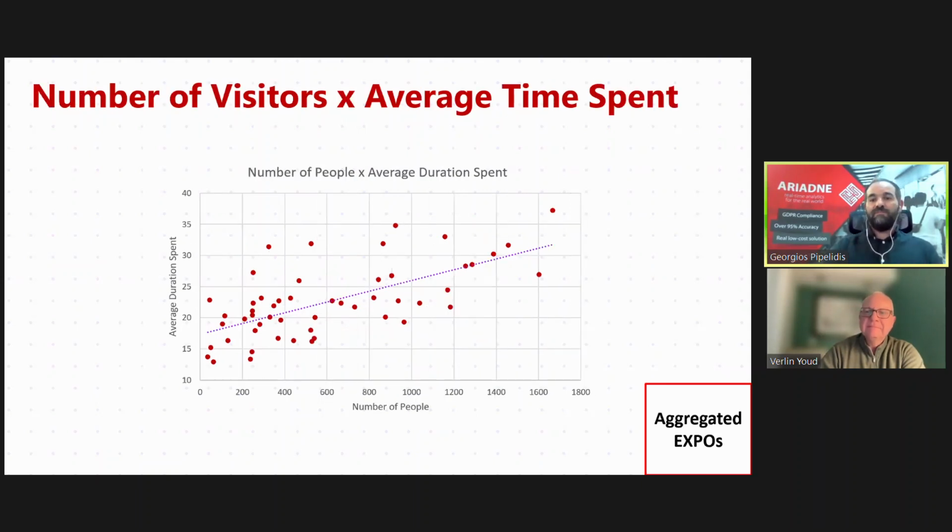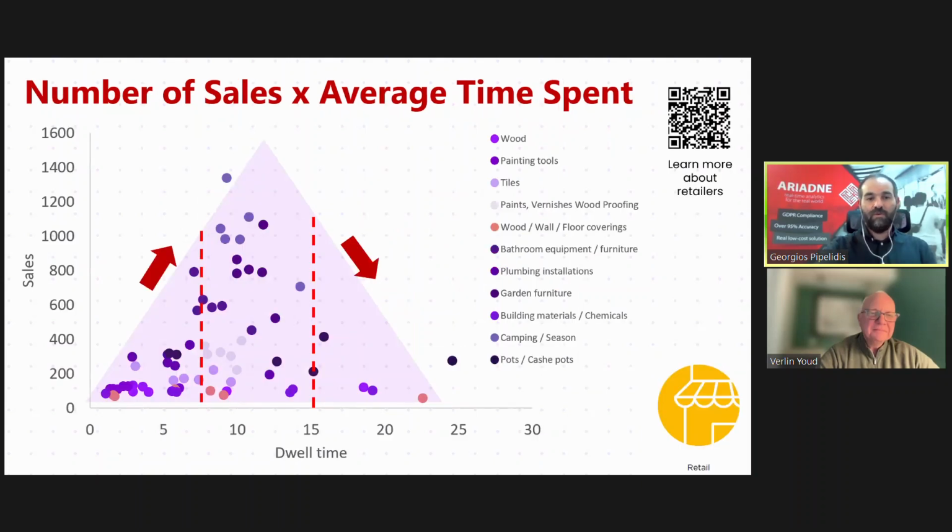And another interesting fact is that the more visitors you have in your booth, the more likely it is for them to stay longer. And this is also not unique to us, because we have seen this with retail customers, where we correlate sales against the duration that people spend, and we see that there is an increase in the likelihood of them buying.